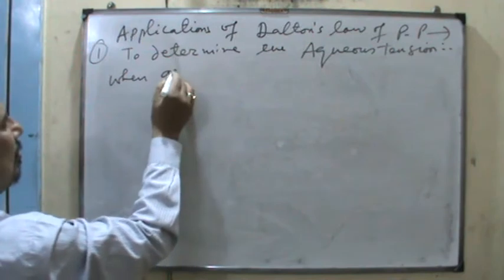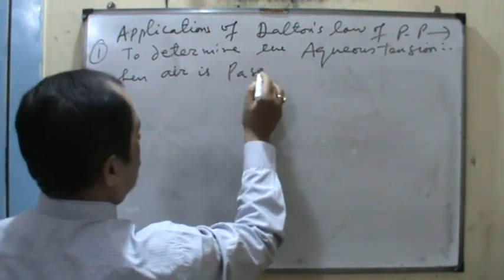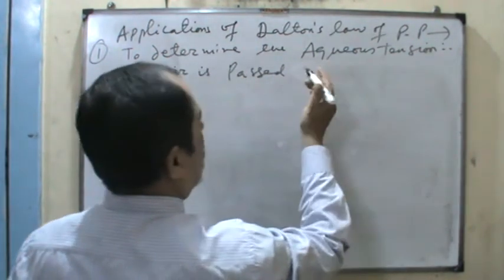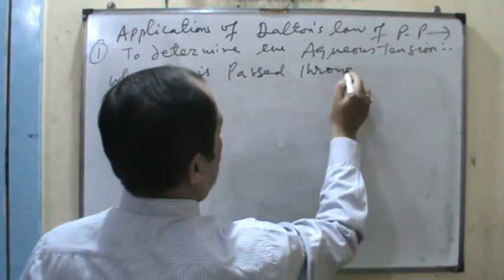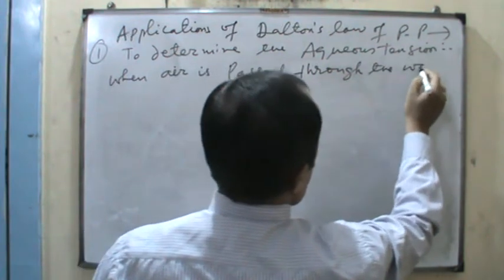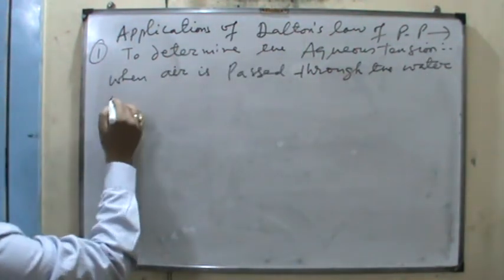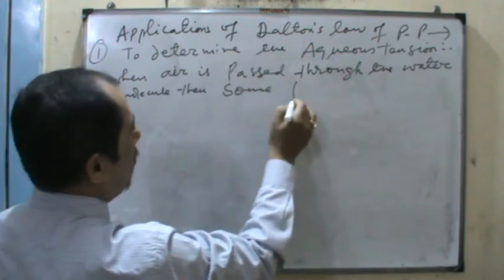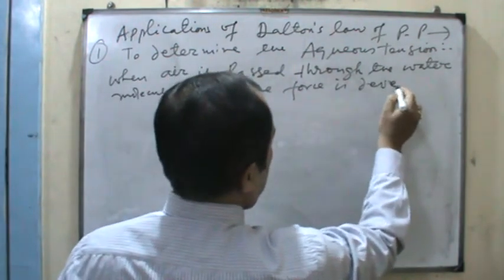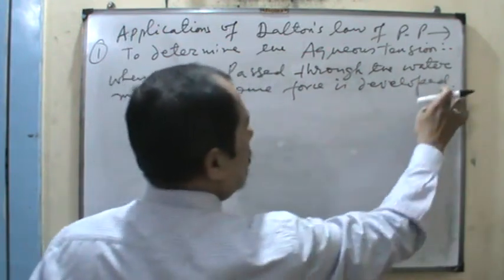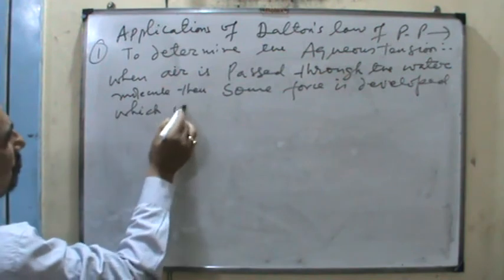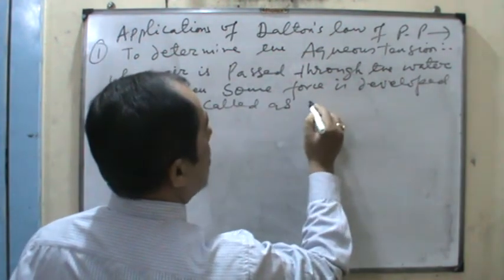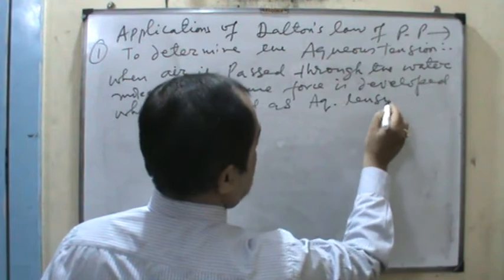When air is passed through water, some forces develop in the layer of water, which is called aqueous tension.